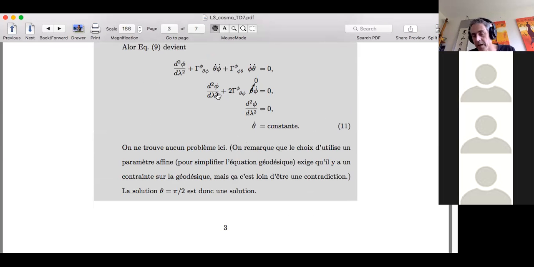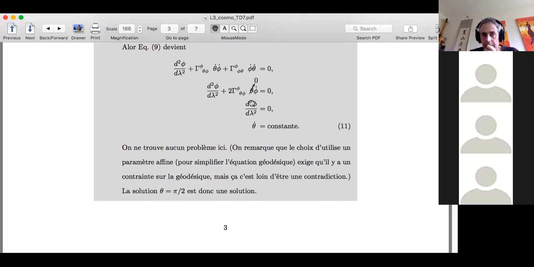It doesn't actually make a difference in this equation, but it would if I asked you to find the period of the circular orbit around the Earth, so that would be for the moon's orbit around the Earth, or for a planet around the sun. You can find the period using this geodesic equation, but you can't forget the factor of 2.